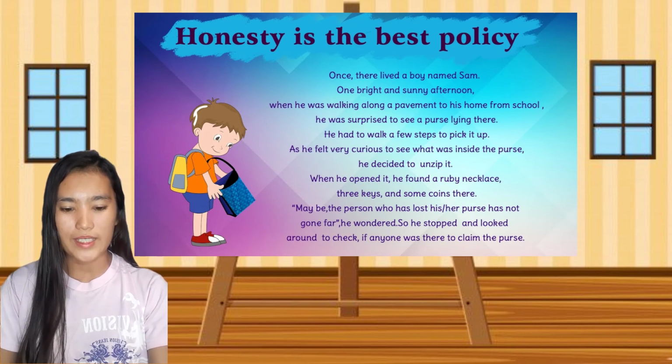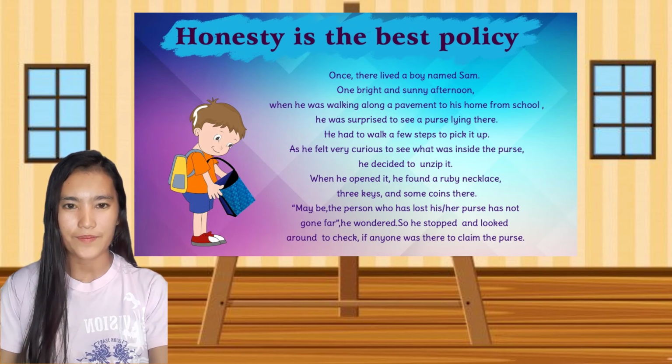When he opened it, he found a ruby necklace, 3 keys, and some coins there. Maybe the person who lost his or her purse has not gone far. He wondered and looked around to check if anyone was there to claim the purse.